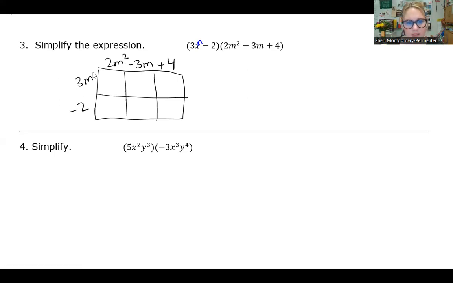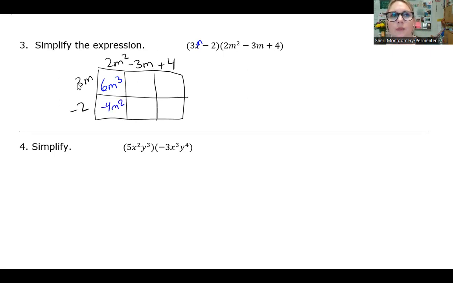So I get 6m to the third. You can fill out the boxes in whatever order, but I'll just go zigzag. So 2 times -2 is -4. And there's the m squared. I don't do anything with it.